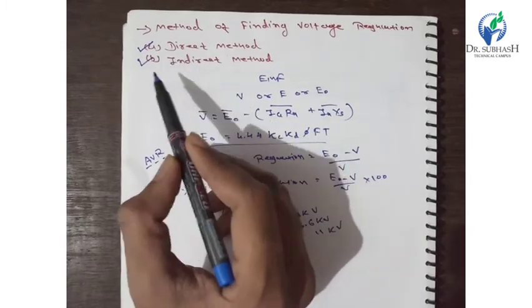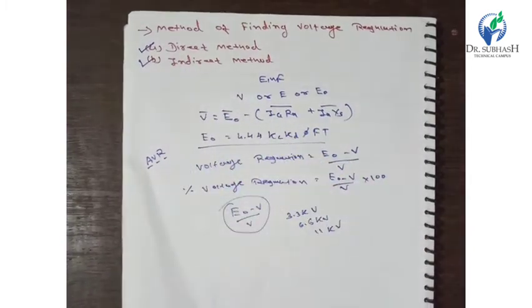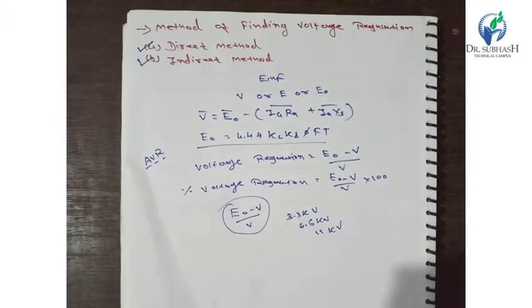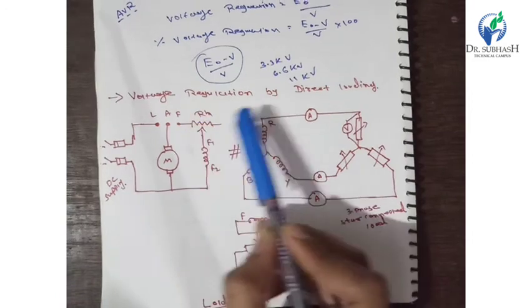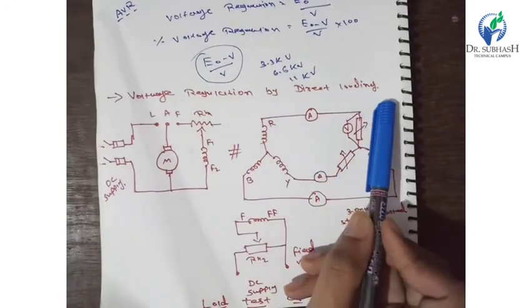The direct method and indirect method are both used in practice to find the voltage regulation. In the direct method, here we discuss the voltage regulation by the direct loading test.